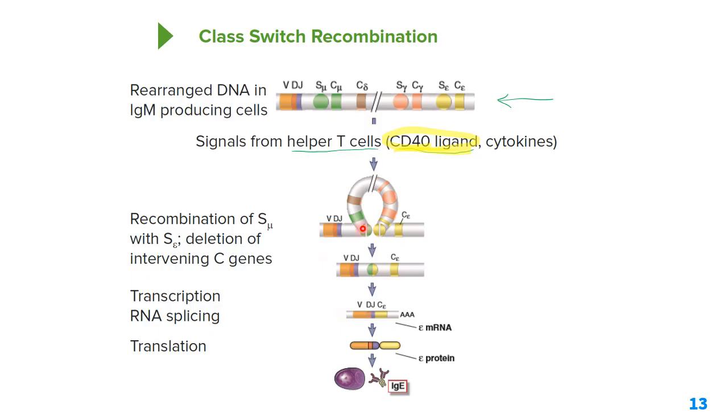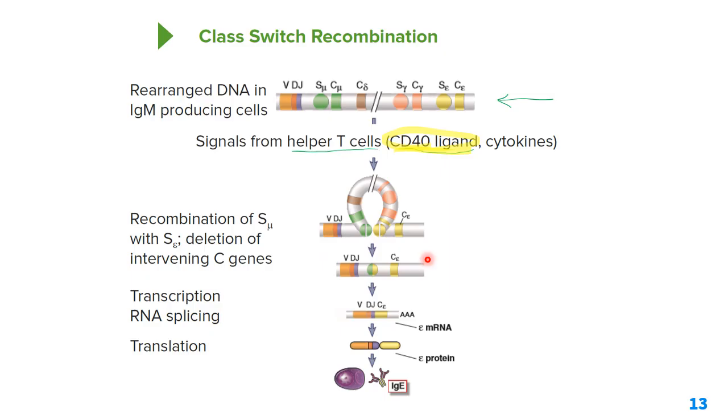So this is the type of loop that the DNA is going to do, and whatever is in the middle gets cut out of the genome, and then your B cell is going to start to make this isotype of antibody.